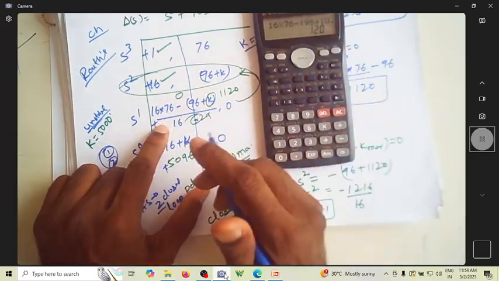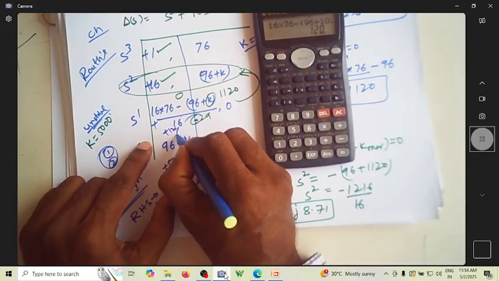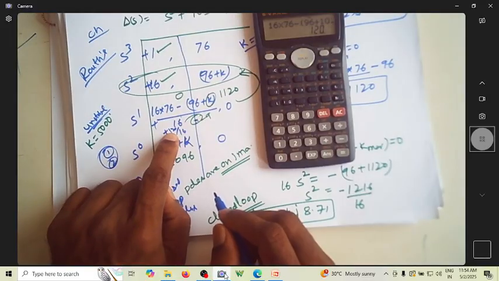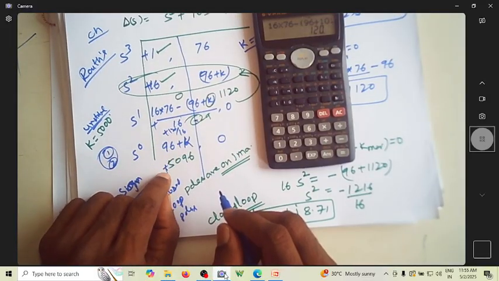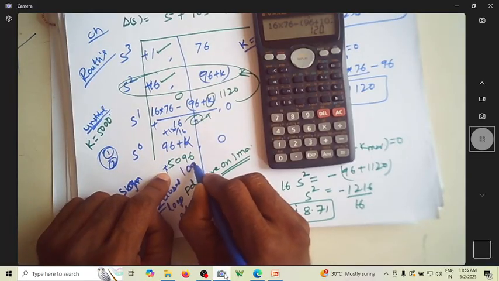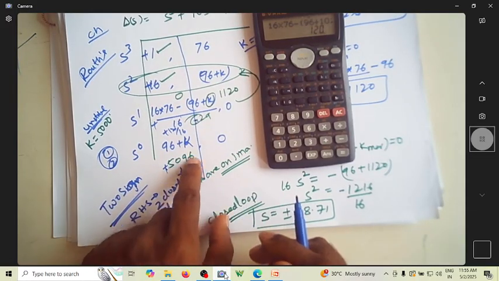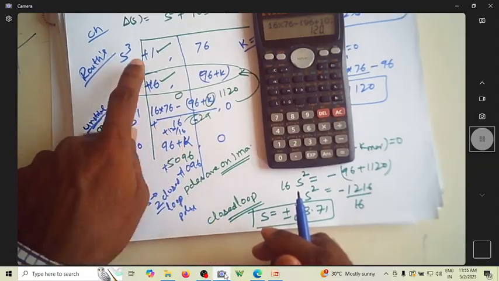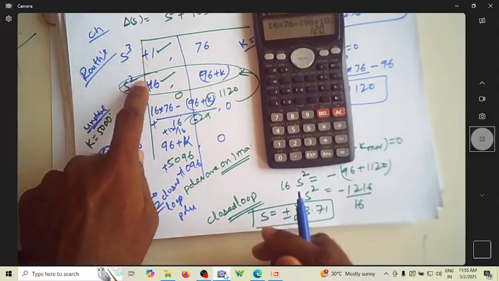Can you see it's a positive number? So this is plus 120 by 16, so it's a positive number. This is positive, this is also positive, so this will become 1096. Don't worry about the magnitude of the values, you look at the sign. So all the signs are positive.